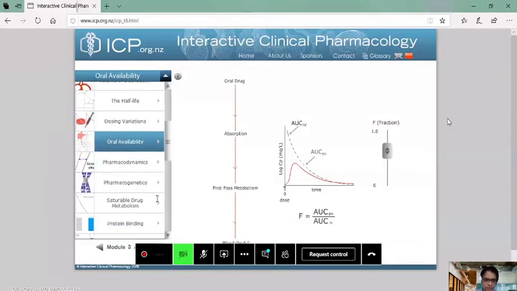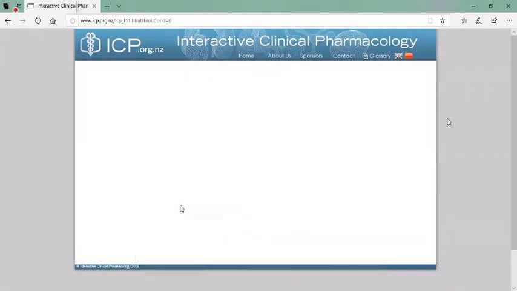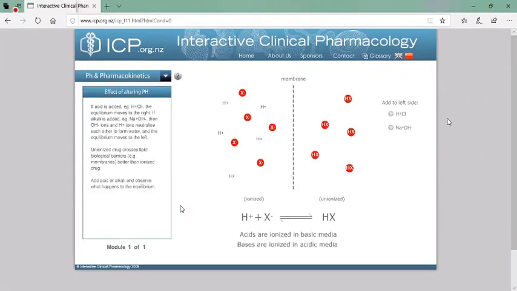Okay. After bioavailability, I would like to show you how pH can influence your drug absorption. Doctor, will we be tested in exams on the calculations, or is it just concept? There will be.